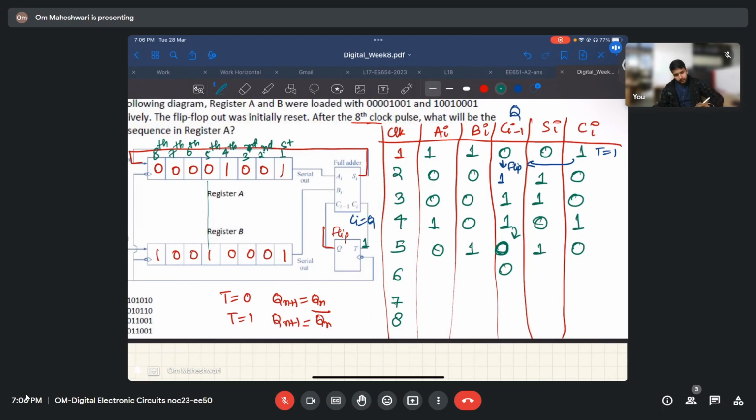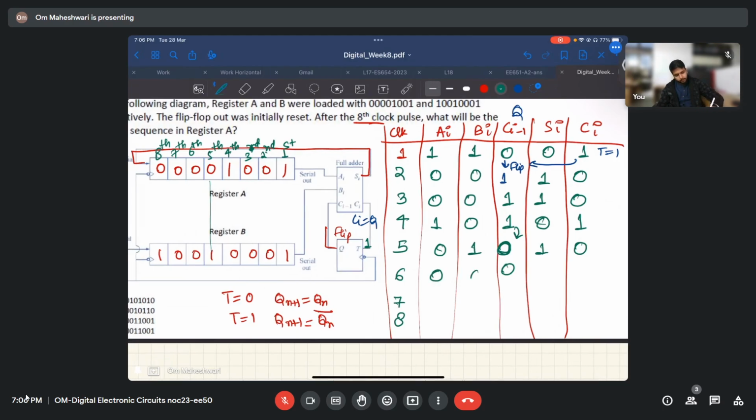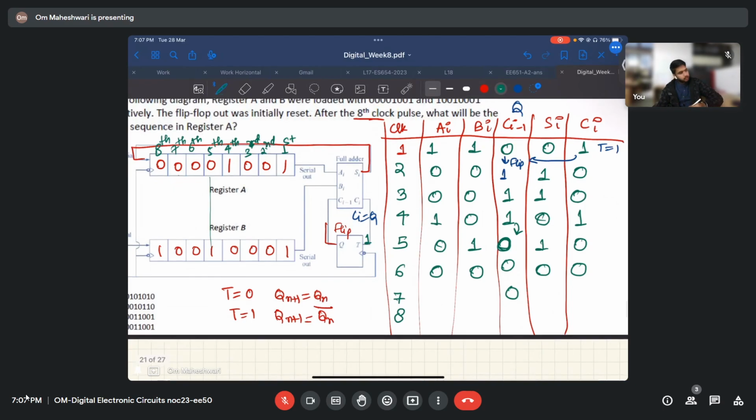In the sixth cycle, input is 0 and 0. Sum is 0, carry is also 0. So since it is 0, it will not flip and it will be 0 again. In the seventh cycle, we have 0 and 0 again.